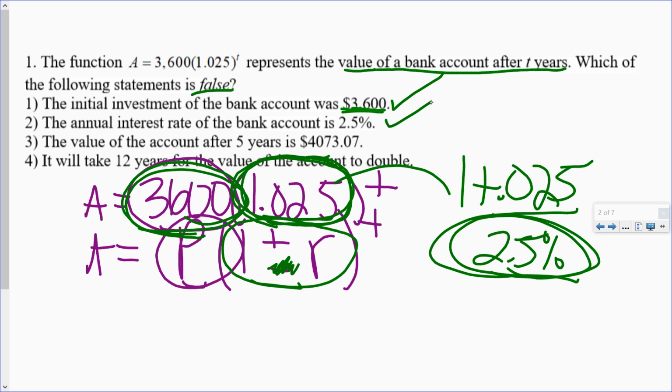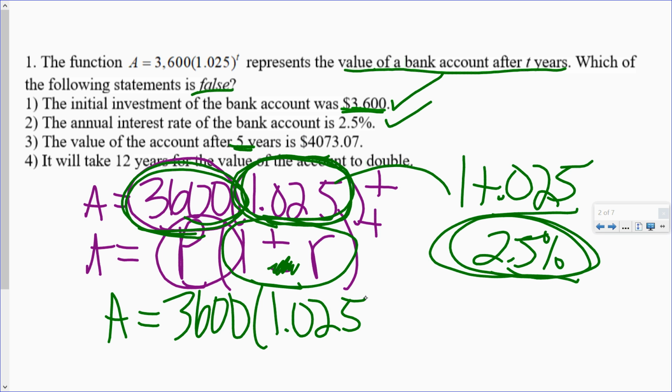The value of the account after 5 years is 4,073.07. Well, I'm going to replace t with 5 and see if it gives me 4,073.07. So I'm going to do 3,600 times 1.025 to the power of 5.